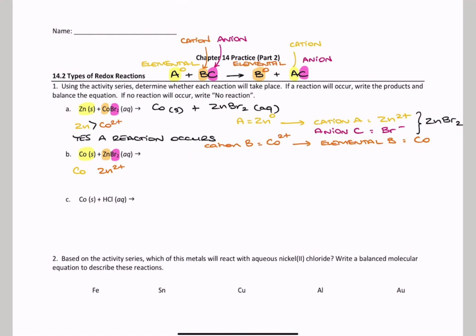Realize that actually, no, we know that cobalt is below zinc, therefore there will be no reaction. Okay, no reaction. Why? We're going to write it down. Because cobalt solid is below zinc 2+ in the activity series.